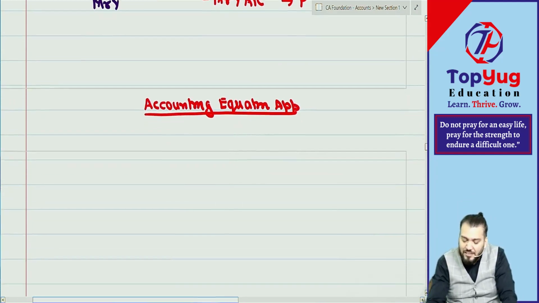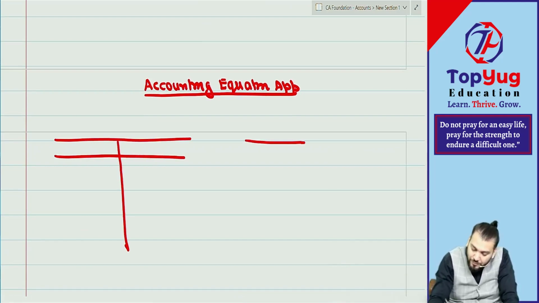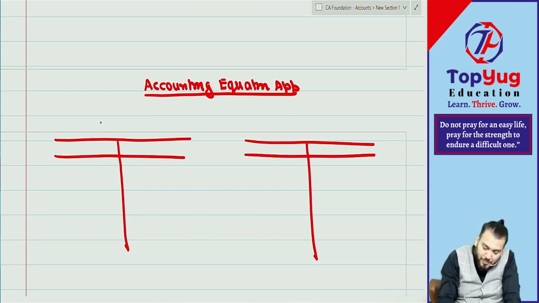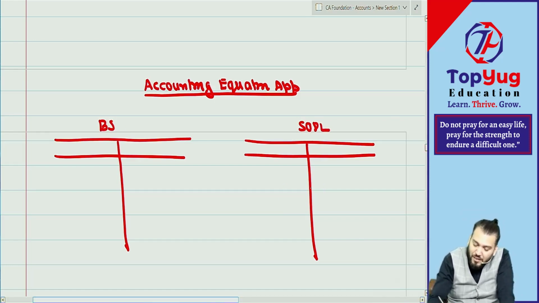So let us understand what is the objective of accounting. What is the objective of accounting? To prepare balance sheet and SOPL. This is the objective. Correct. What we write down in the left hand side of SOPL? Expense.